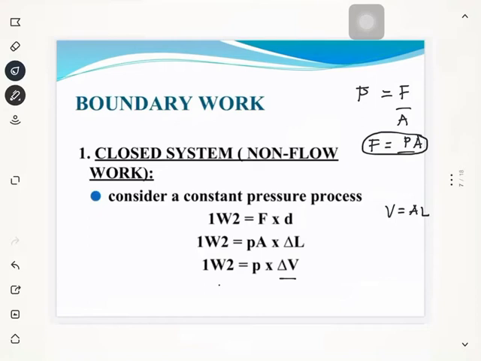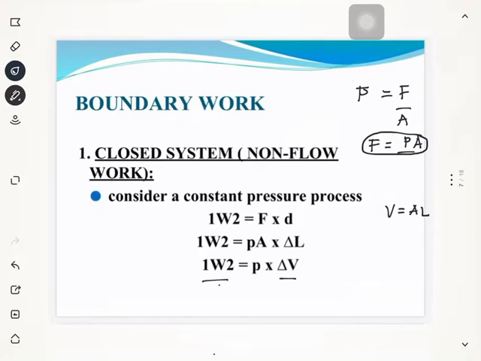We know that work is a form of energy, and you have this displacement in the same direction as your force. Notice here we have work 1 to 2.